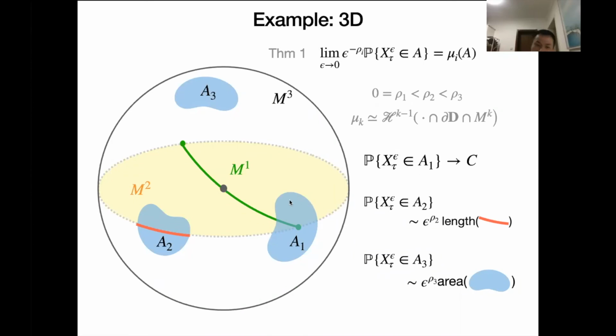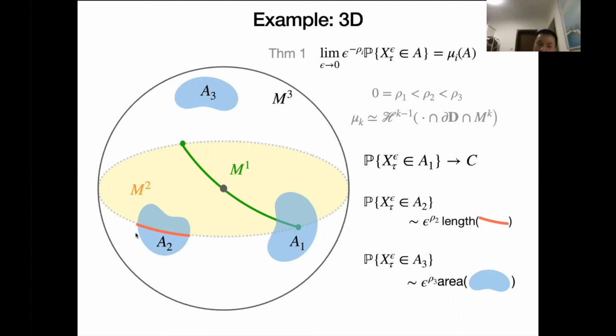For A1, it's a typical location for exit, so the probability is going to converge to a constant. For A2, we know that it is atypical and the decay rate is given by rho2, so it scales like epsilon to the power rho2. The measure mu2 here is one-dimensional, supported on the intersection with M2.